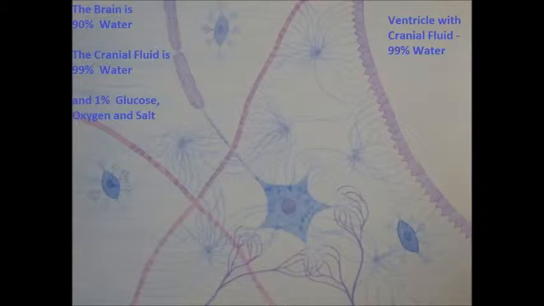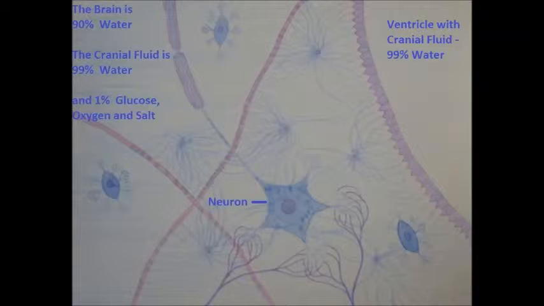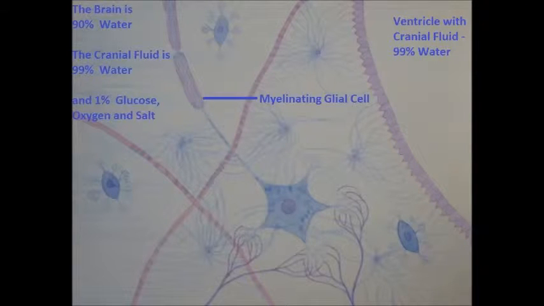And you may find it difficult, but just engage as well as you can. This is of the central nervous system. It's 90% water, with the cranial fluid in the ventricles, but within the whole body of the brain, the whole body of the central nervous system, 90% water. Then you have neurons with myelinated glial cells around them.